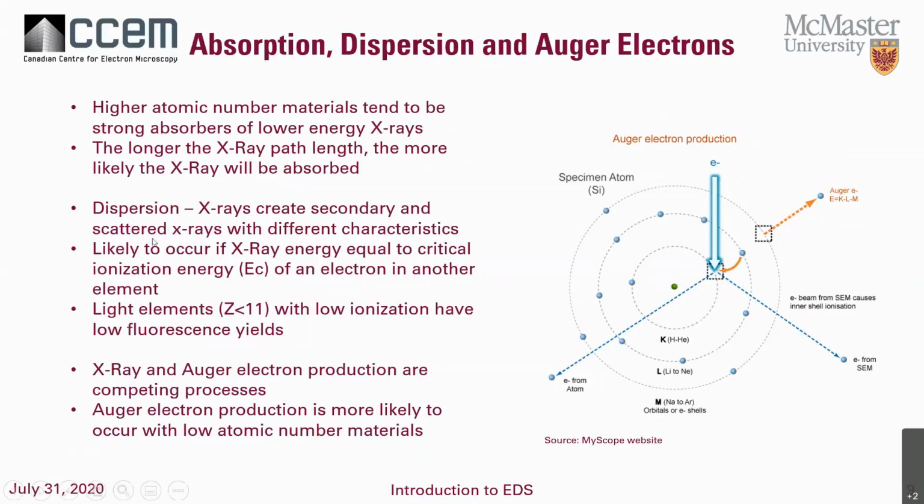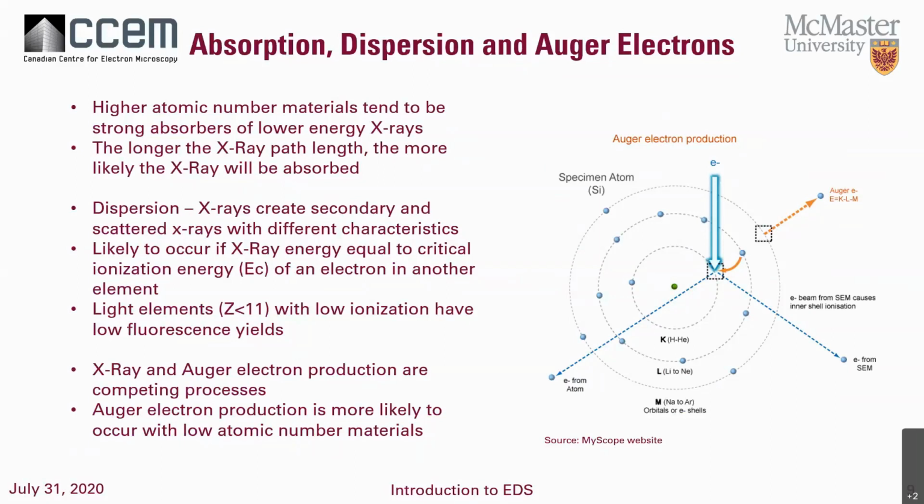Now, another thing that can happen is once we produce these X-rays, they can produce secondary or scatter X-rays with different characteristics from the X-ray that was produced by the original element. This is likely to happen if the X-ray energy is equivalent to the critical ionization energy of an electron in another element.